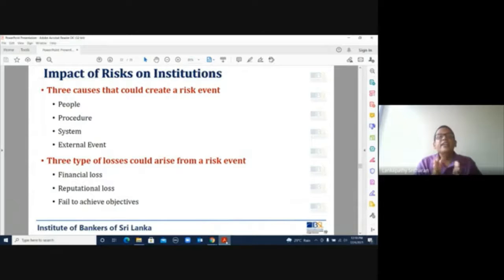Then how can we differentiate these two? Because the main difference of the financial risk that will hit the balance sheet, directly hit the balance sheet. But you are saying again, even non-financial risk also may create the financial loss. So how can we differentiate?